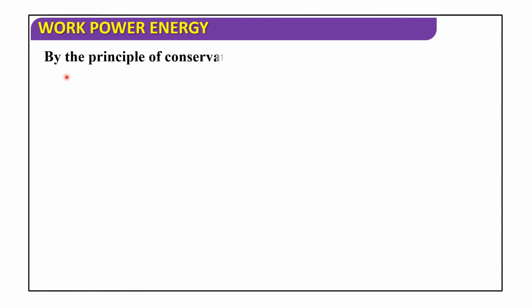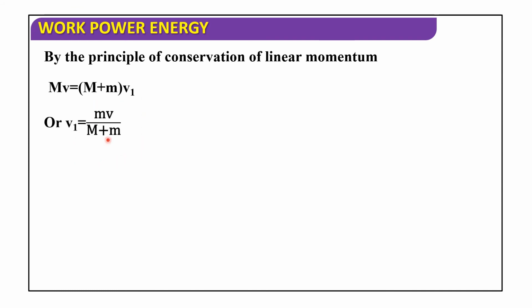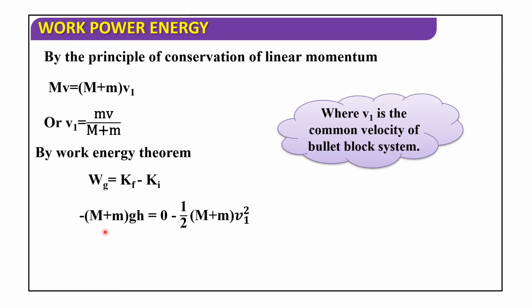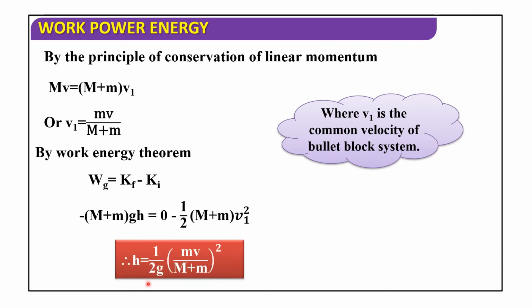Then by the principle of conservation of linear momentum, mv equals (m plus M) into v1, or v1 equals mv by (m plus M), where v1 is the common velocity of the bullet-block system. By work energy theorem, W equals Kf minus Ki. So minus (m plus M) gh equals 0 minus half (m plus M) v1 square. Therefore h equals 1 by 2g into (mv by (m plus M)) whole square.